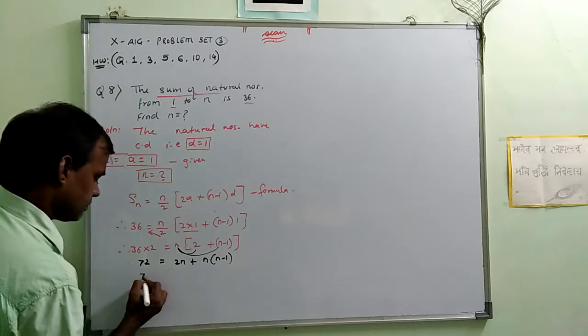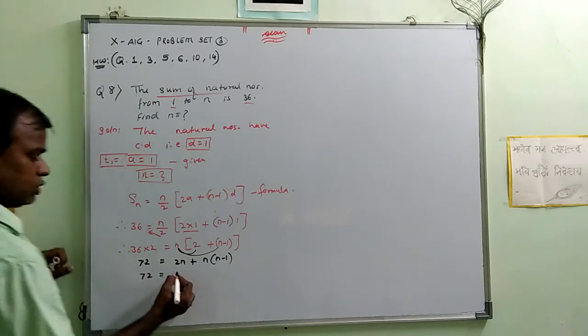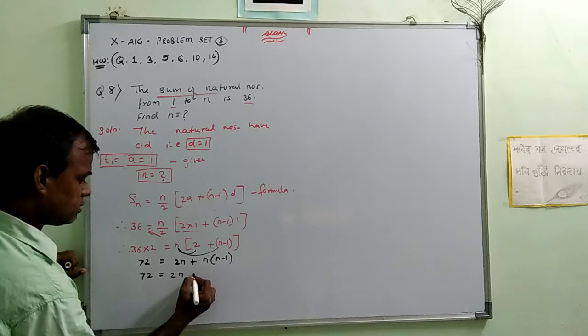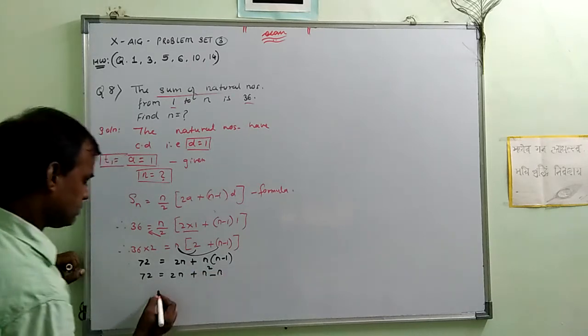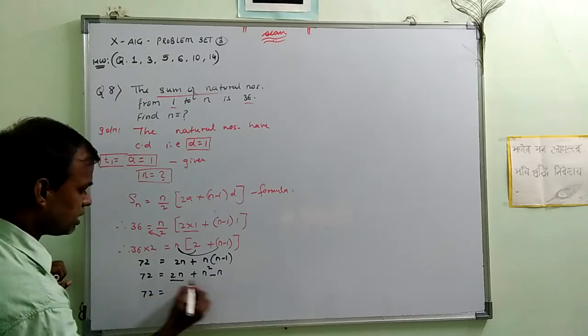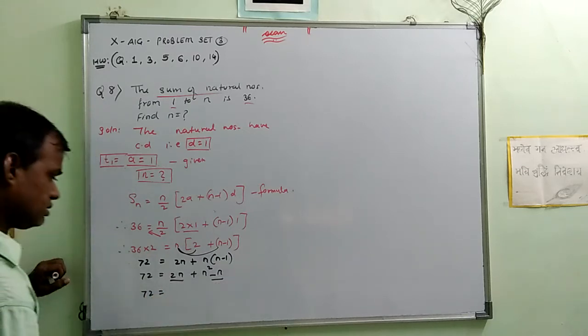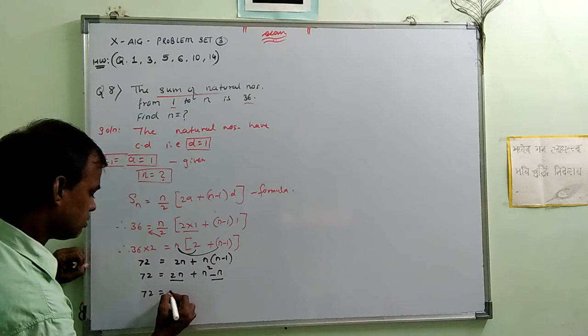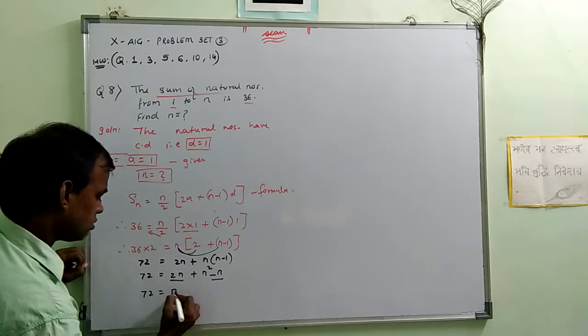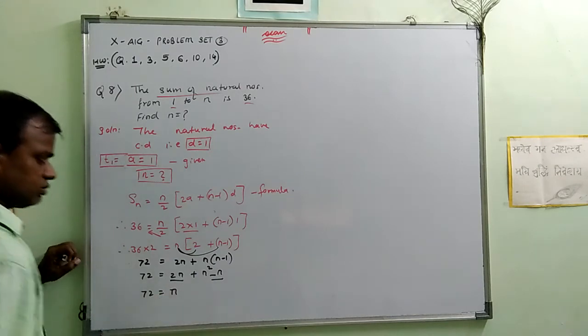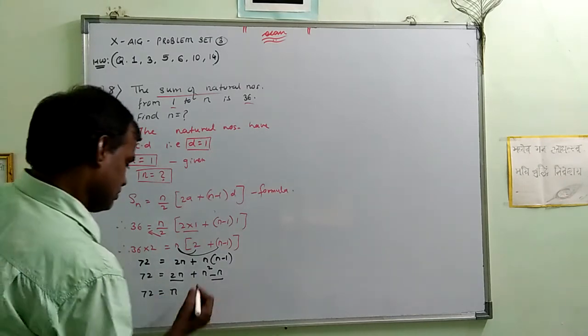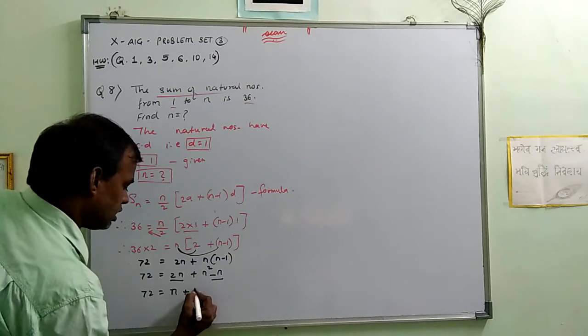That's what I have written. 72 equals 2n plus n into n square minus n. 2n minus n gives 1n. We cannot write 1n, so only write n, it will be enough, plus n square.